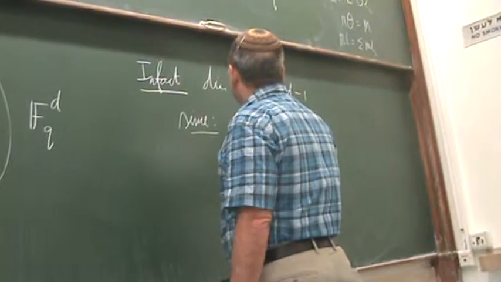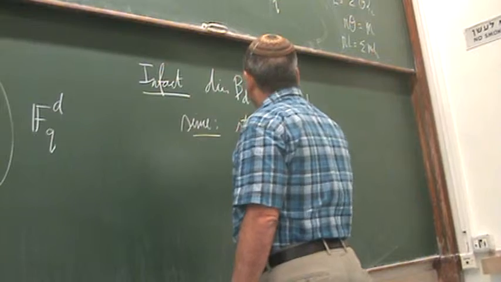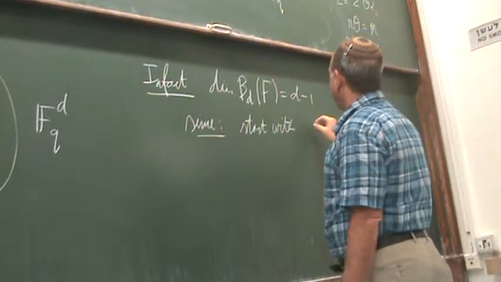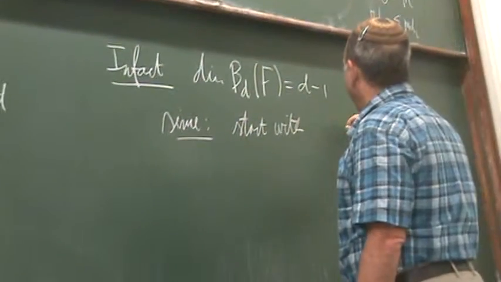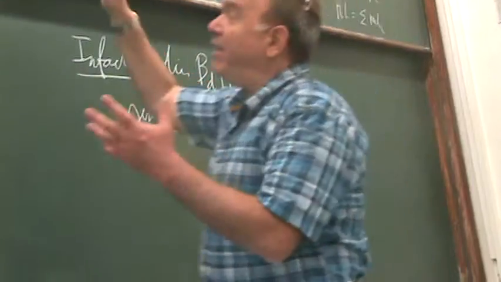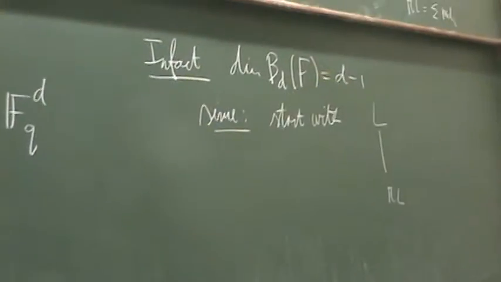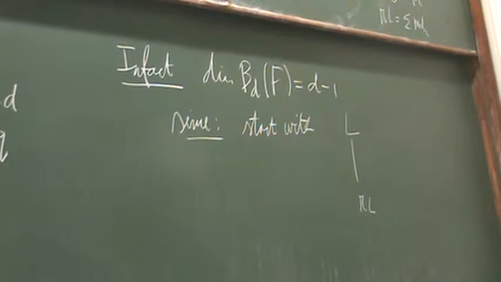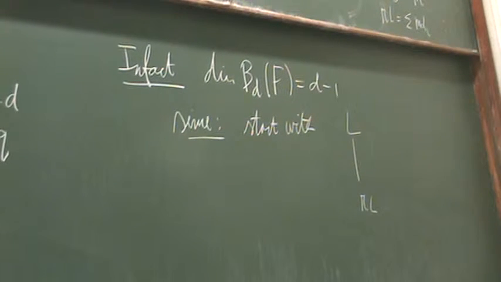we can start with some L. You know, you have L and pi L. In fact, I'm going to prove to you at the same time that this is what we call a pure simplicial complex, namely every cell is contained in a D minus 1 dimensional cell.